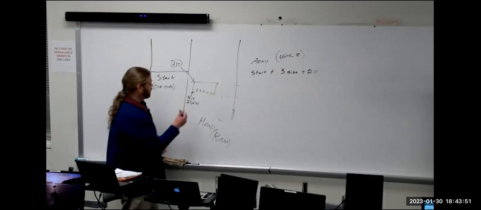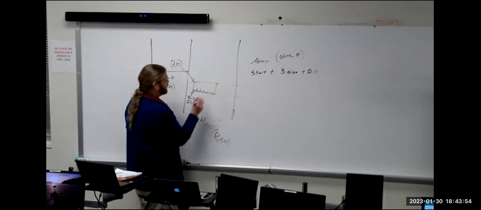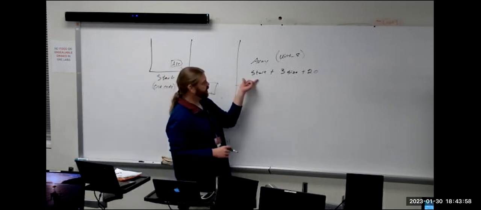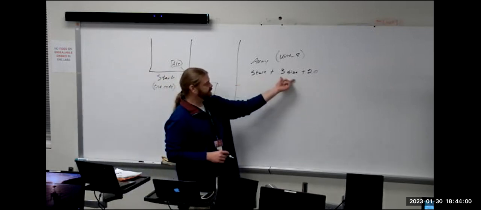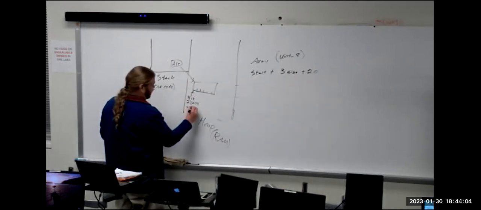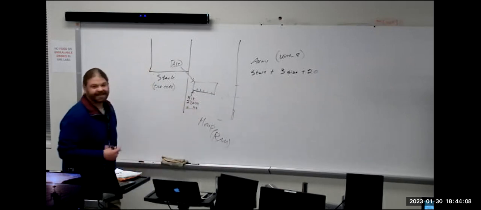And then each one is 8 bits long. So we have that starting point. 3 times 8 is 24 plus 44. So this number plus 44, well, it's just a 7 in one spot.